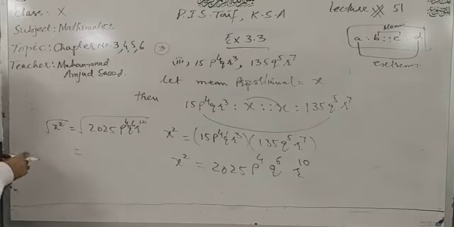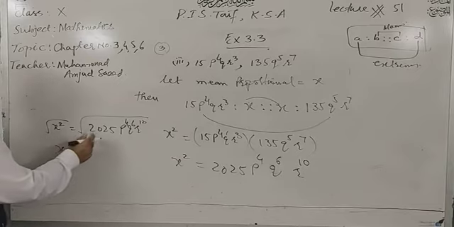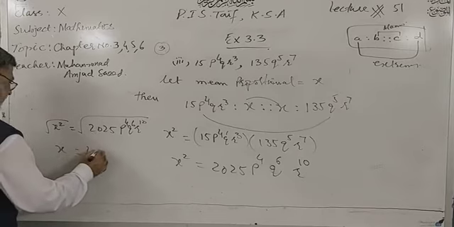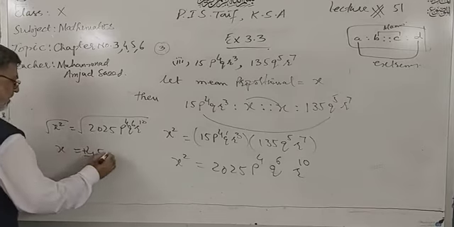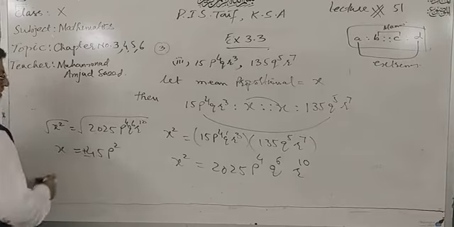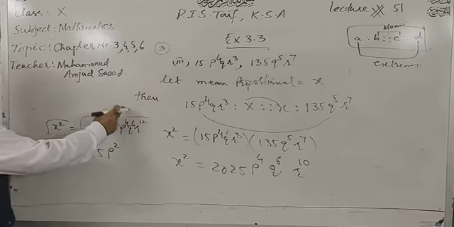Now taking square root on both sides, we will have the square root of 2025, that is 45. That will be plus minus 45 P square, because square root is power 1 over 2.